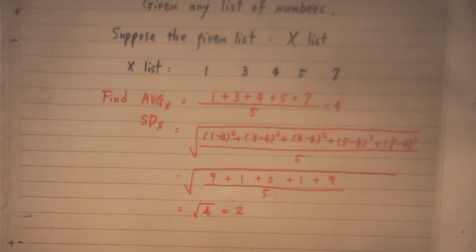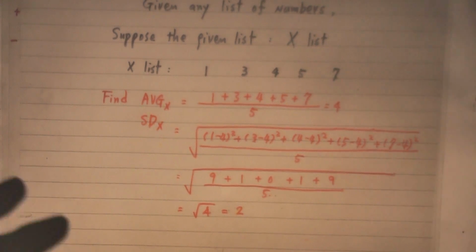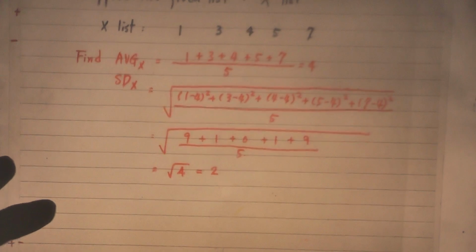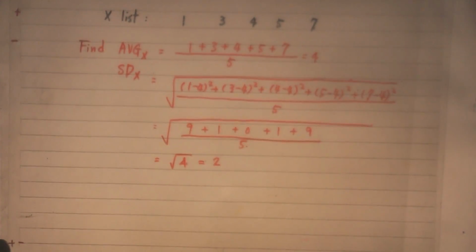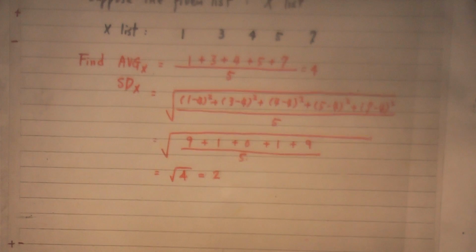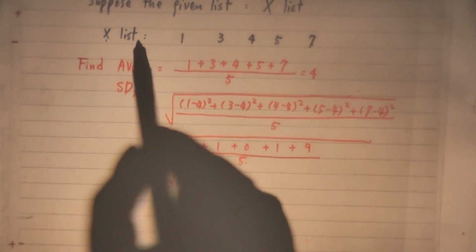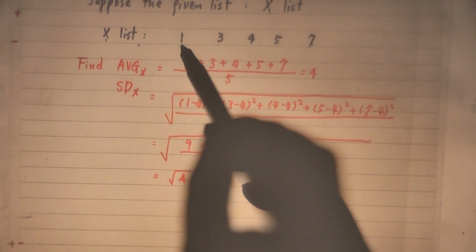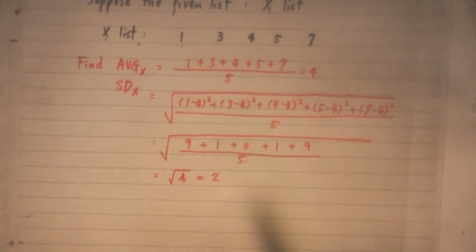And what's next? From the given X list, for each number in the list, I subtract its mean and divide by the standard deviation.